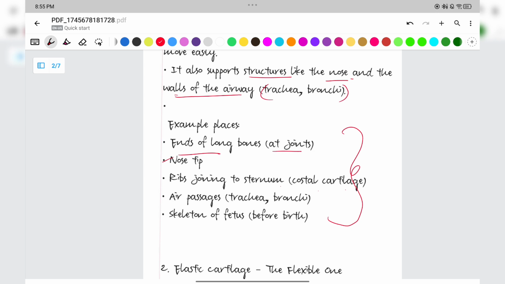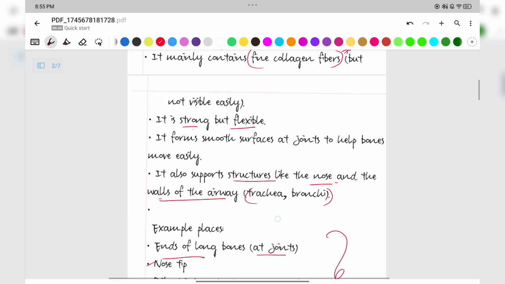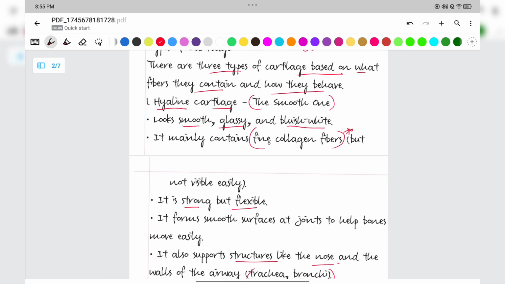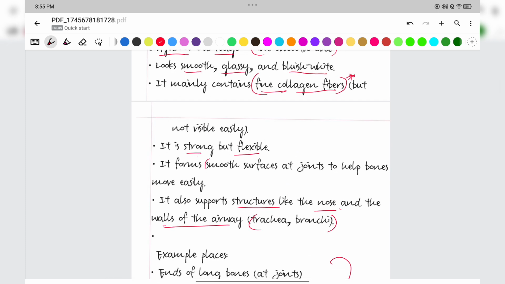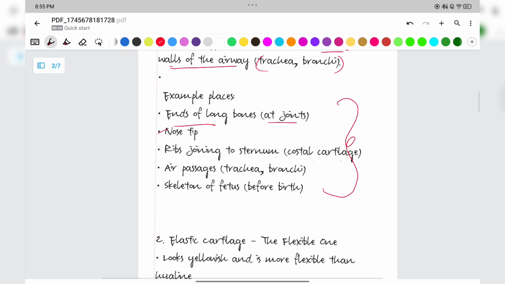While discussing the hyaline cartilage, the main points to remember are: it contains fine collagen fibers, it is strong but flexible, and it forms smooth surfaces at joints to help bones move easily. The examples are ends of long bones, nose tip, and ribs joining the sternum. If we remember nose tip, we should also remember the air passages because both come under the airway.